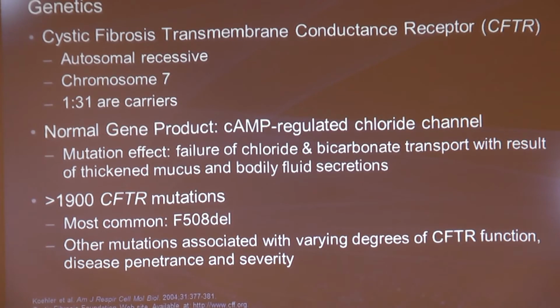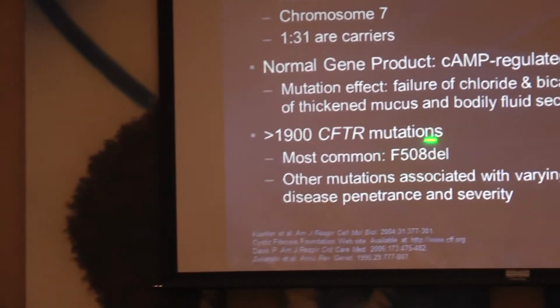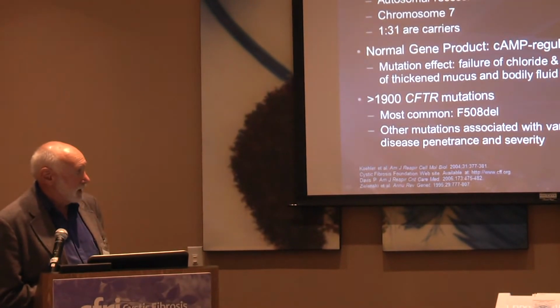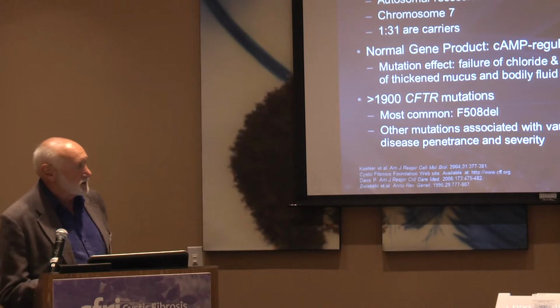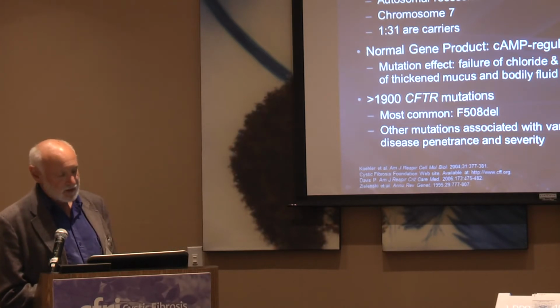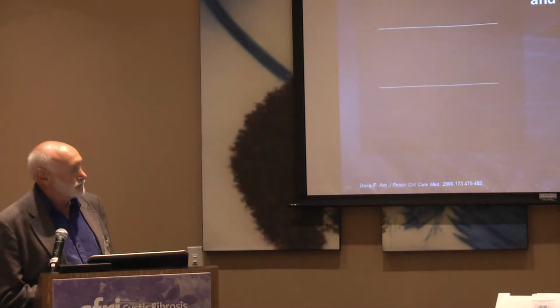So about 90% of people with CF have at least 1 bad version that is resulting from this mutation. But amongst all these other mutations, they are associated with varying degrees of function, as well as what we call penetrance, that is their expression, and therefore severity in the disease that results.